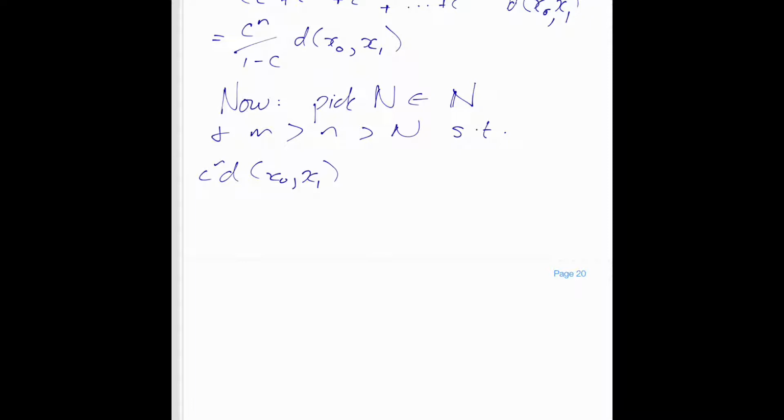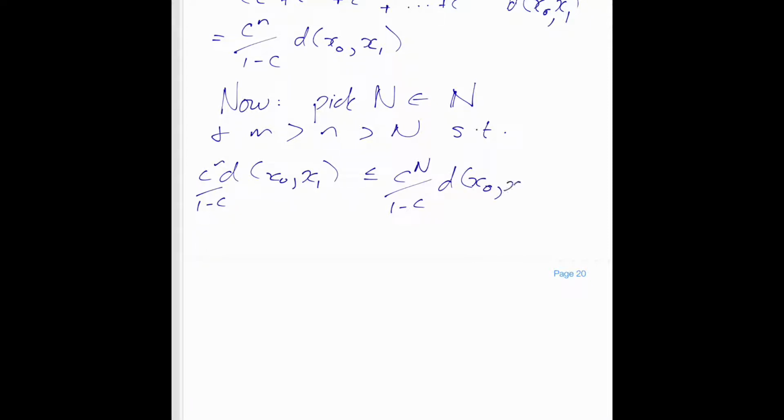Now we can pick a large natural number, capital N, and we can set little m and little n greater than that N, so that c to the power of little n times the distance between x0 and x1 divided by 1 minus c is less than or equal to c to the power of capital N times the distance between x0 and x1 divided by 1 minus c.